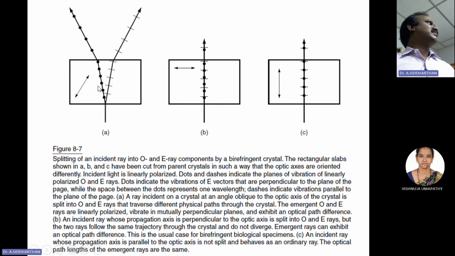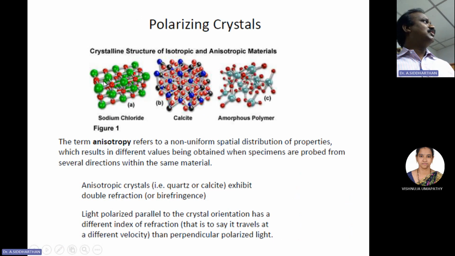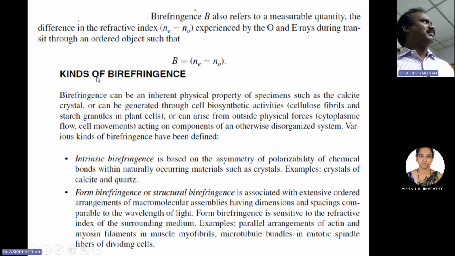When it gets polarized, we say it follows two different paths. Okay, so what happens? What is the reason? Okay, so the rays of light which go through a crystal, taking two different paths, will be related by this expression.